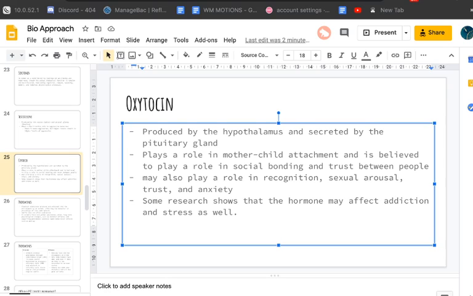In animals, they process pheromones through the VNO, or vomeronasal organ, in the nasal cavity. The nasal cavity is around the nose. I'm not sure exactly where, but it's just around there in animals. Then it's connected to the accessory olfactory bulb, which is basically a part of the brain.